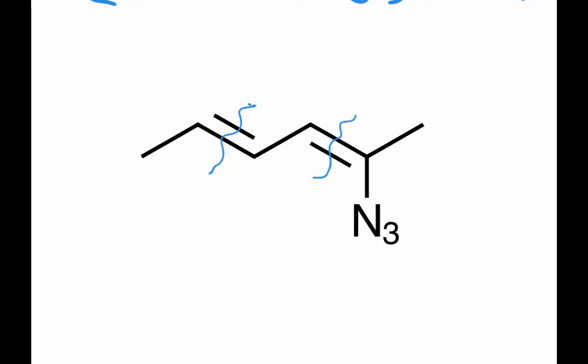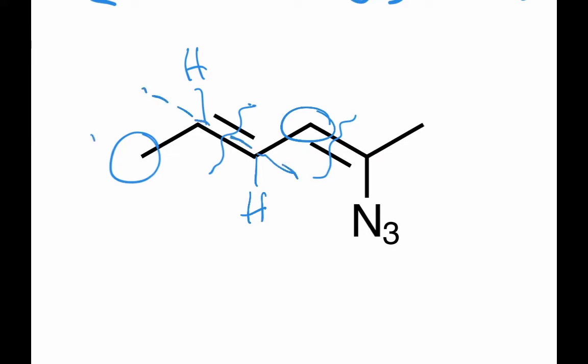So looking at this side first, I'm going to compare a carbon to the undrawn hydrogen, right? There is technically a hydrogen here. And so that carbon will beat out the hydrogen. On the other side of the double bond, I have that carbon that's going to be compared again to another undrawn hydrogen. So this carbon wins out there. So with respect to this particular double bond, I have opposite sides. So that then is going to be an E double bond.